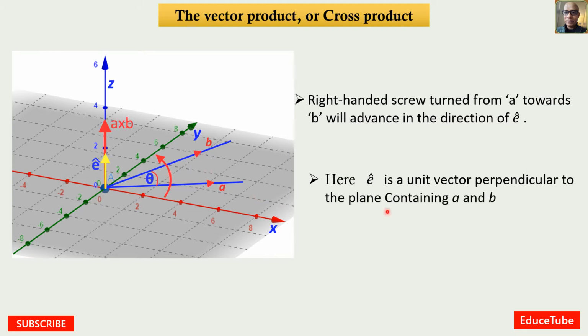Here I put clearly small e cap, a unit vector perpendicular to the plane containing A and B. So this unit vector is perpendicular to this plane, with A and B lying on it. That's why it says containing A and B.